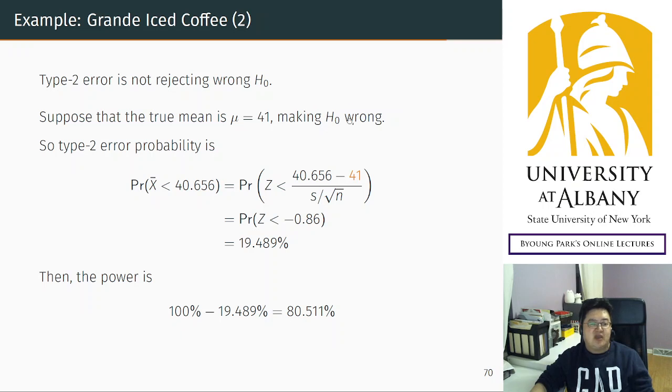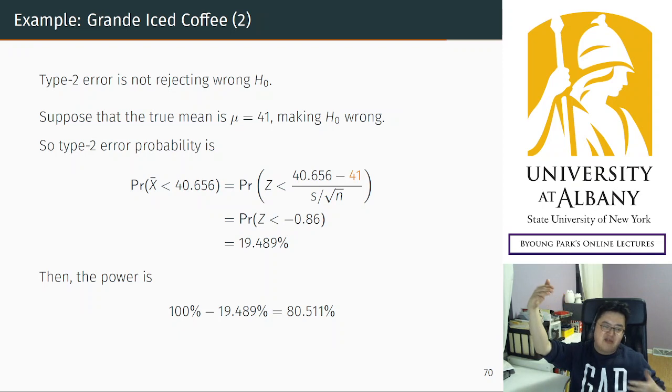Anyhow, to make H0 wrong, you have to choose a value above 40. And the type 2 error probability is the probability of not rejecting the null hypothesis. So you do not reject if the sample average is not above the critical value. Everything below the critical value is not rejected.